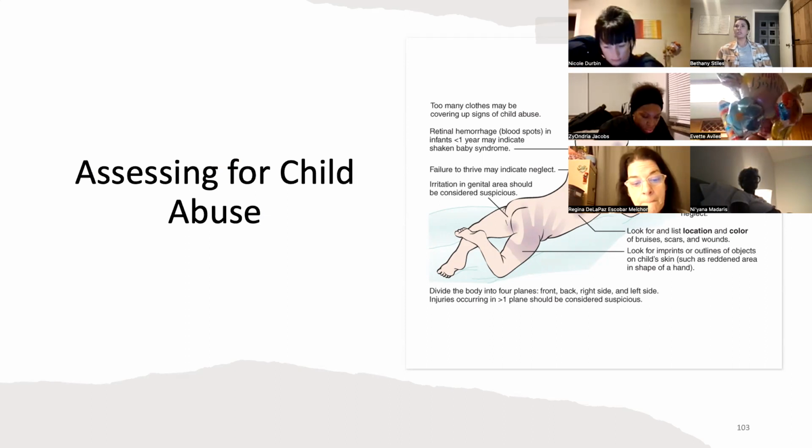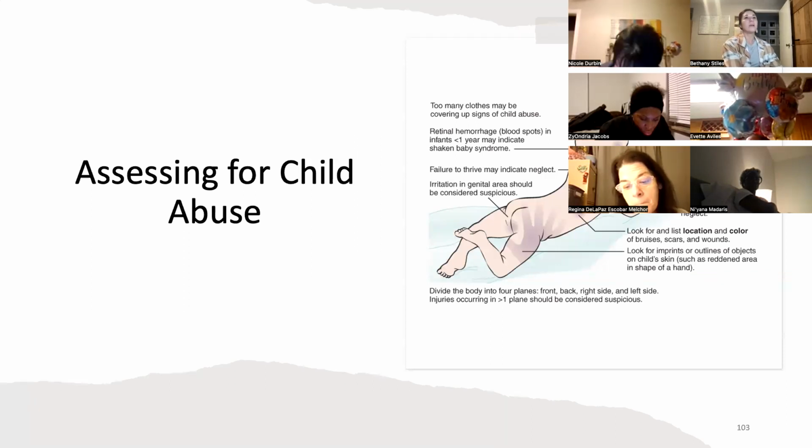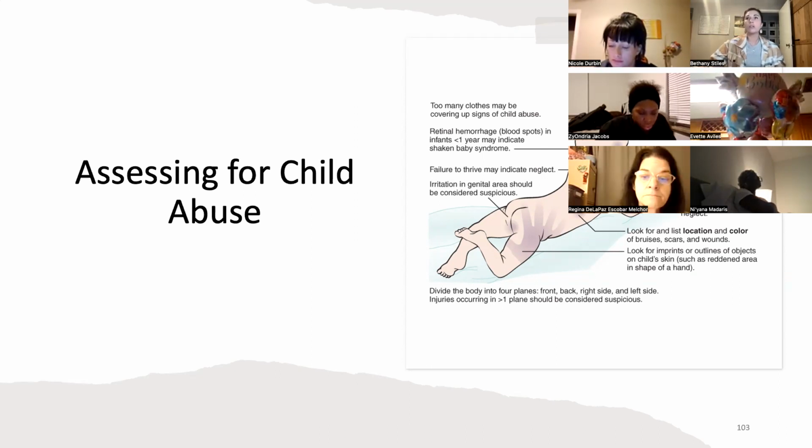It could be summertime and they're in long sleeves, long pants, socks, trying to cover up as much as they can. We can also see failure to thrive, any bruises, scars, wounds that don't seem like they should be there, and imprints on the child's skin, such as the shape of a hand or an object. We also look for things like dirty clothes or skin rashes that could indicate neglect.